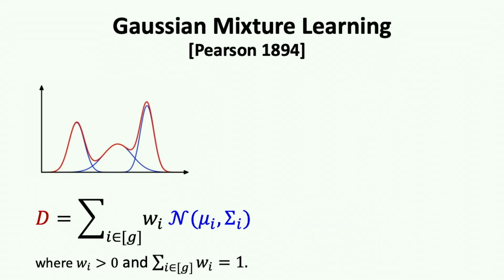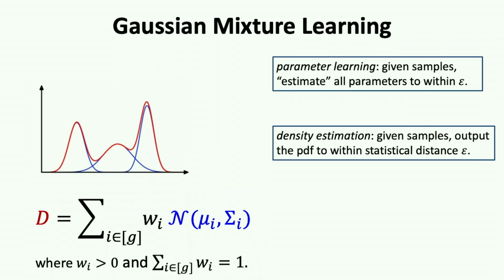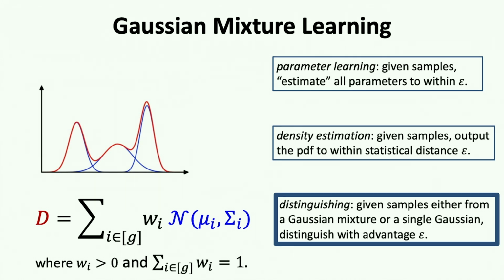You're given a weighted mixture of Gaussians with means mu_i and covariances sigma_i, and you're supposed to either find the parameters, or come up with a function that estimates the density at each point, or just distinguish the mixture of Gaussians from, let's say, one standard Gaussian. In fact, what I'll talk about is the last version of the problem, which is the easiest algorithmically, but it's actually better to show hardness of the distinguishing version. Does that make sense?